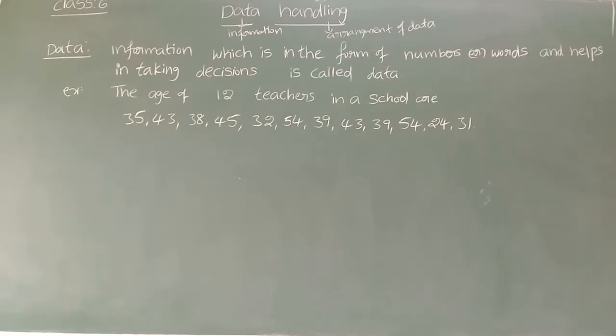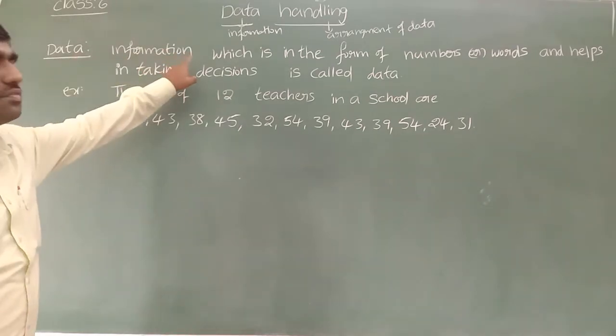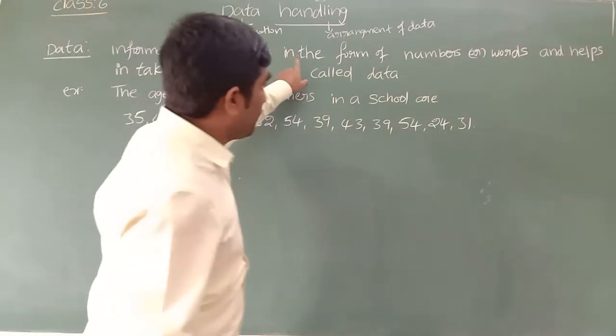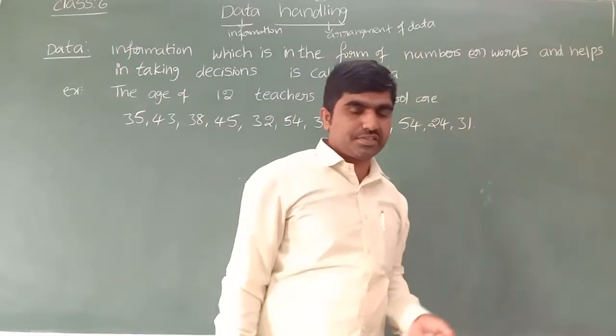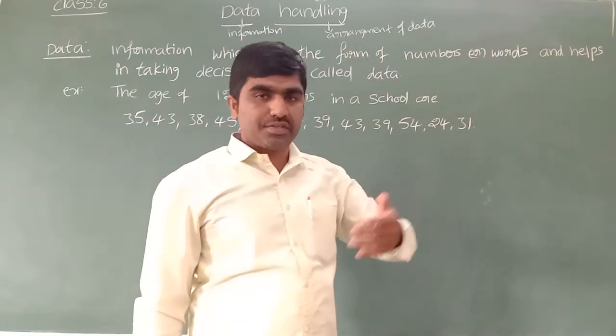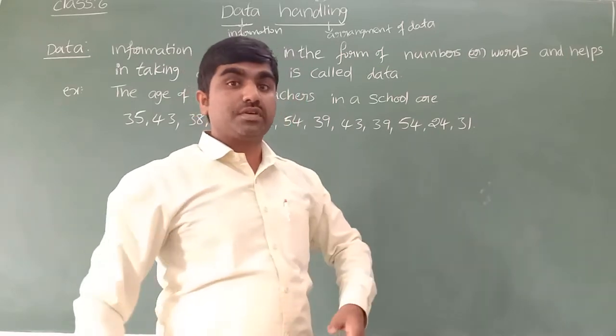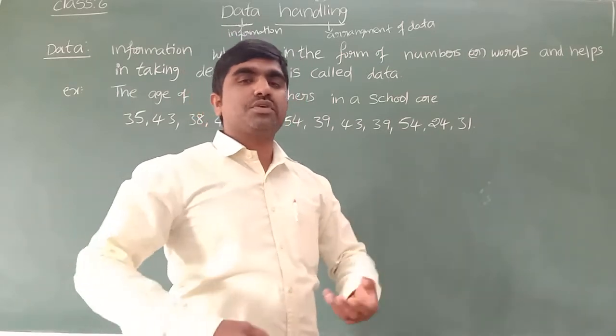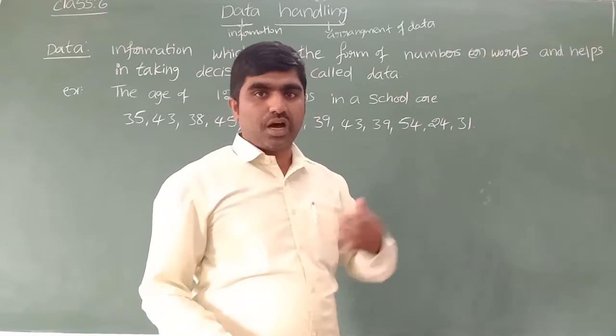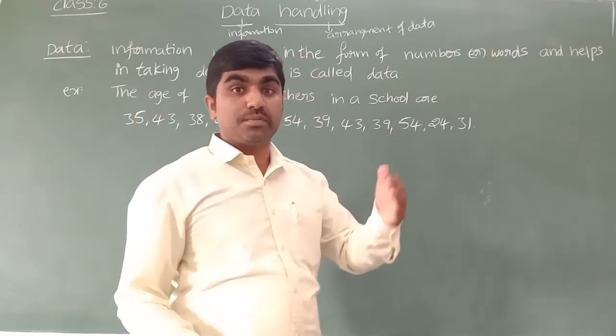Yes, children, you can see the data definition here. Data is nothing but information, in the form of numbers or words. Suppose marks of 6th B students 35, 40, 50, 24 are in terms of numbers. Names of 6th B students, Atmika, Arun, are in terms of words.